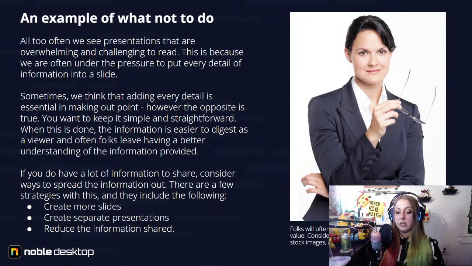And these scientists were very adamant about putting everything in these presentations, right? So the designer taking my class was having trouble with this information because she's like, I know it's too much. I know that it's overwhelming, but they want all of it there. And that's something that can happen a lot of times, where you might not necessarily have control over the information that you need to provide in these decks. There are strategies you can consider, but putting all of that information onto one slide is, again, going to be too overwhelming.